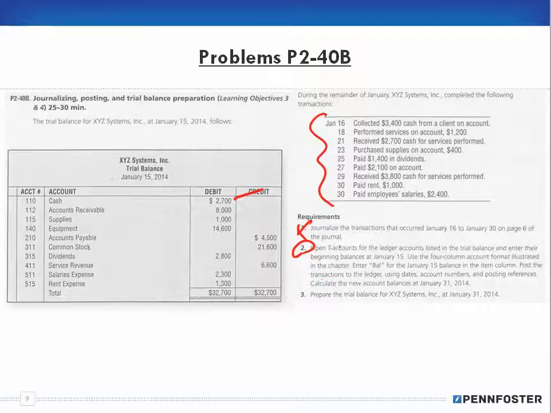It says here, open T accounts for the ledger accounts listed in the trial balance and enter their beginning balances at January 15th. Use the 4-column account format illustrated in the ledger. So what they're calling T accounts, they're actually using a 4-column ledger account.